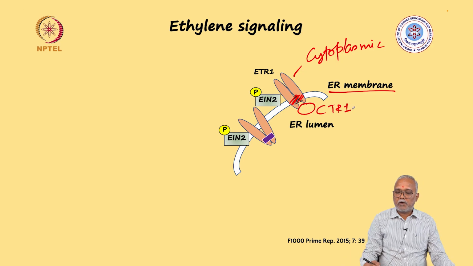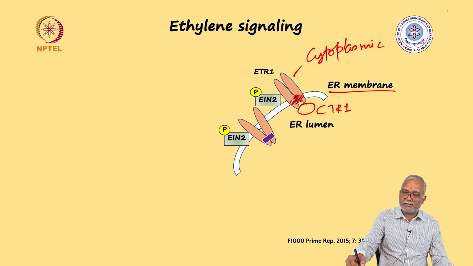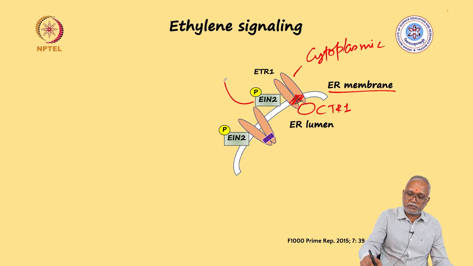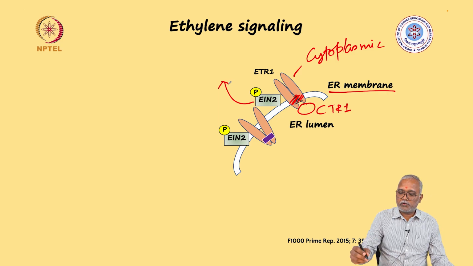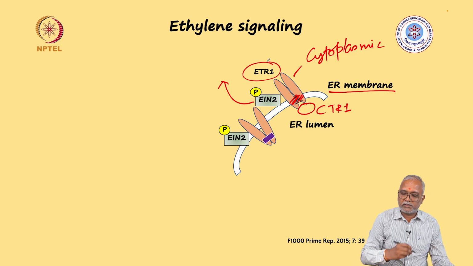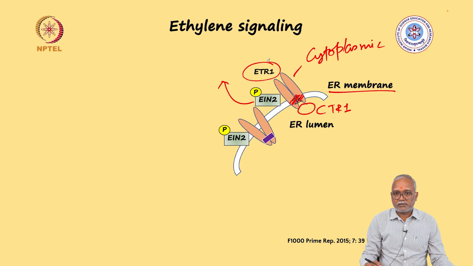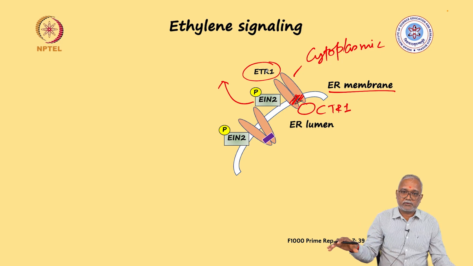It's basically a copper transporter kind of thing which binds to this ER membrane and activates it. There's another molecule, ethylene insensitive, which works with the ETR, the ethylene receptor. The combination of these two ensures that the system is receiving the message that ethylene is absent.